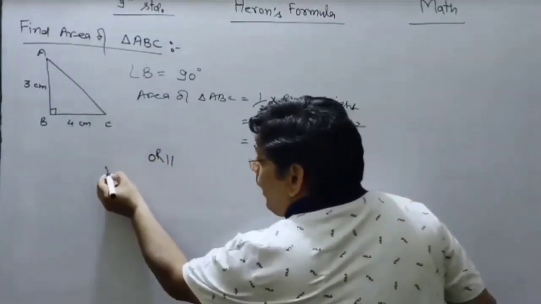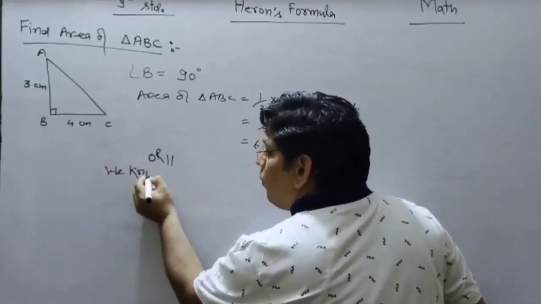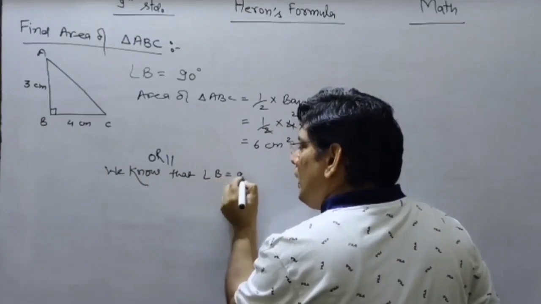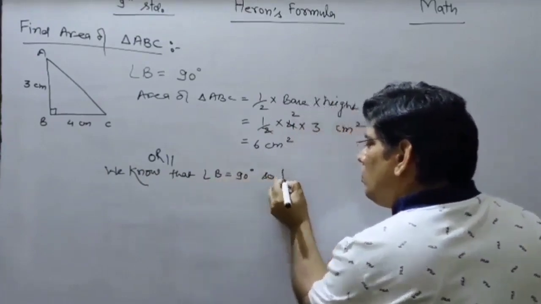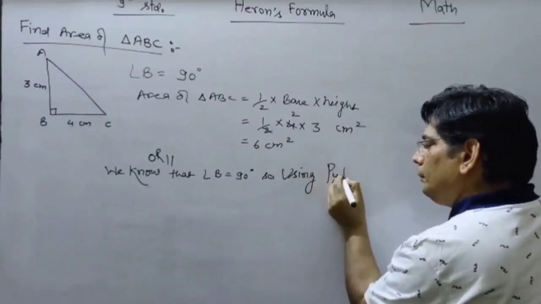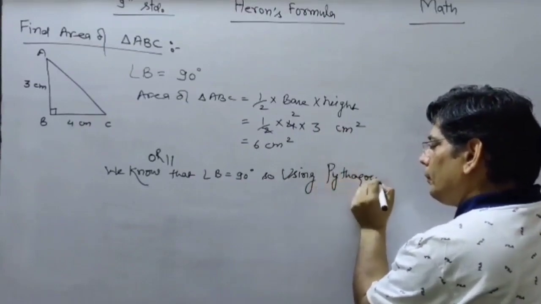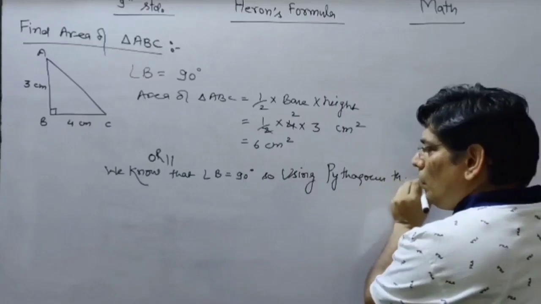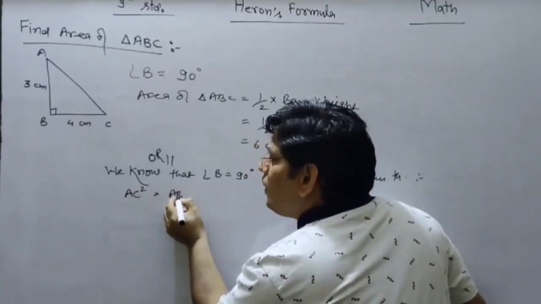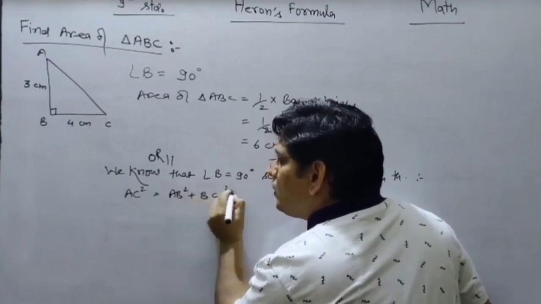So first of all, we should calculate the hypotenuse by using the Pythagoras theorem. So we know that angle B equals 90 degrees. So using Pythagoras theorem, AC square equals AB square plus BC square.